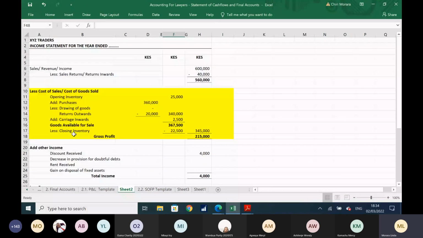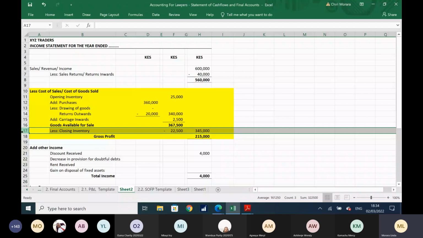Basically, what you're trying to say is as at 1st of January, let's say our inventory was worth 100K. In the course of the year, we have bought more goods for sale worth 5 million. But then at the end of the year, we are still left with another 1.5 million, right?